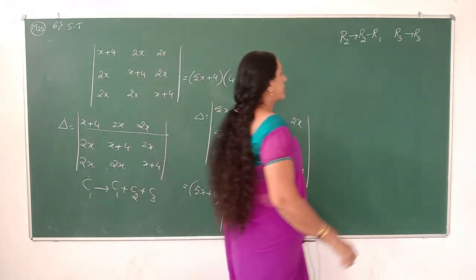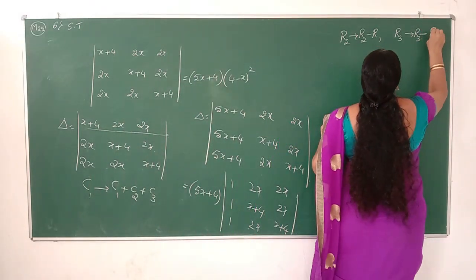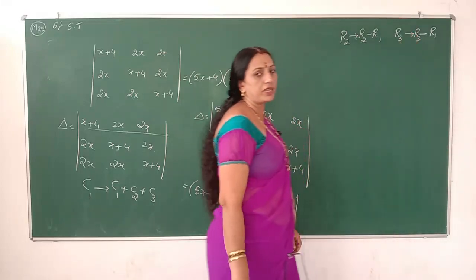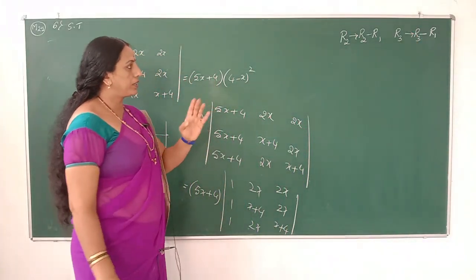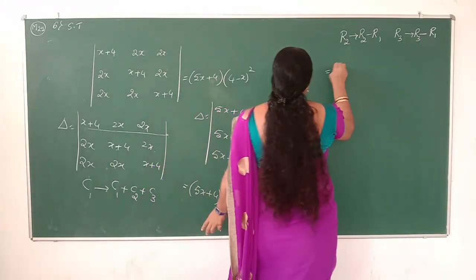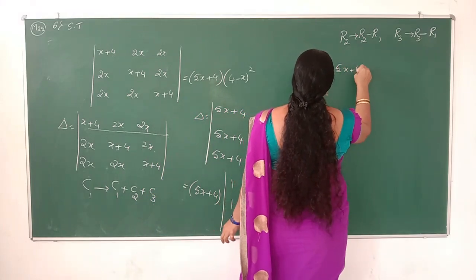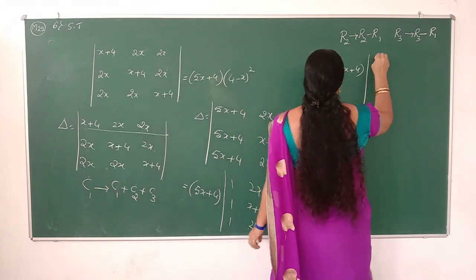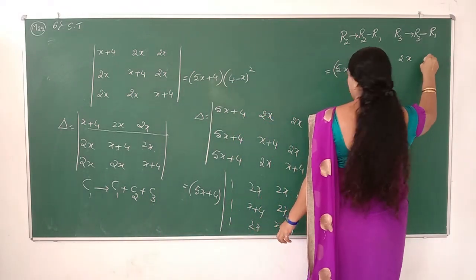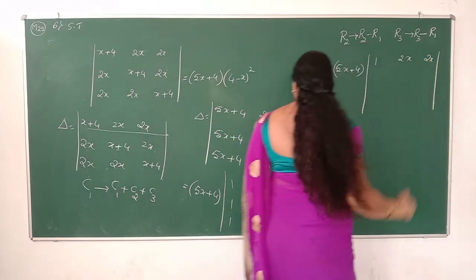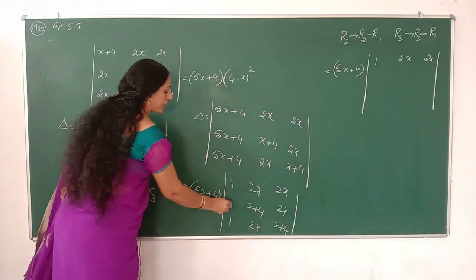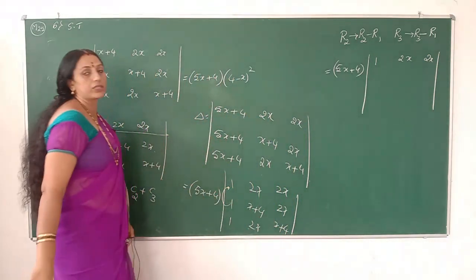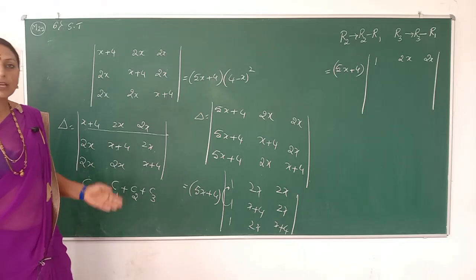So therefore we subtract with the elements of R1. R3 can be changed with R3 minus R1. So 5x plus 4 is a common factor, and the elements of the first row do not alter: 1, 2x, 2x.